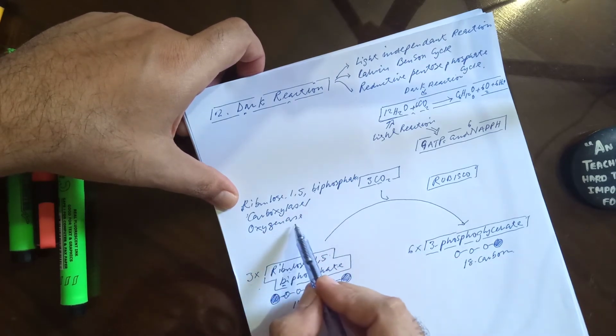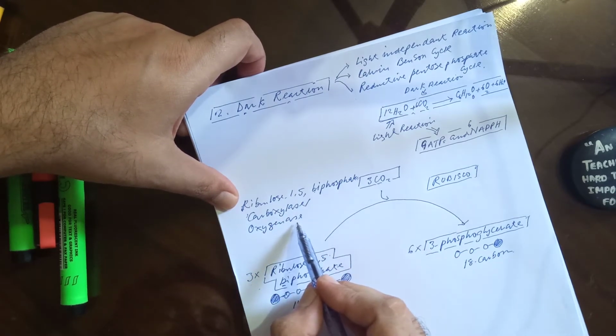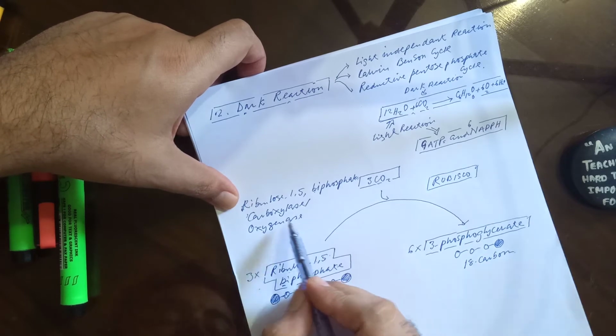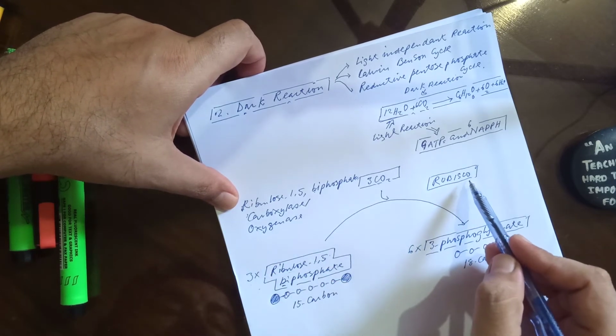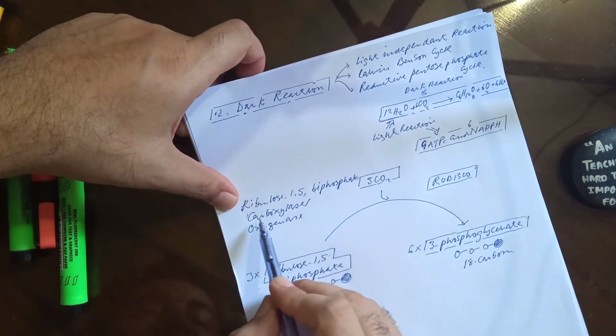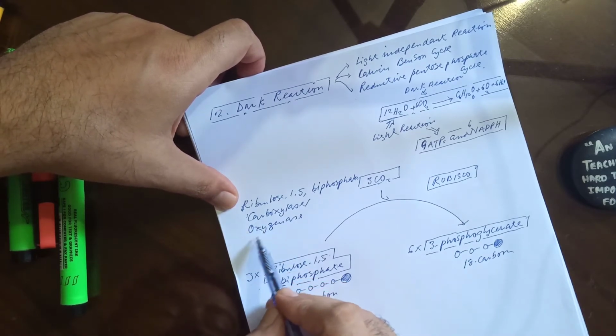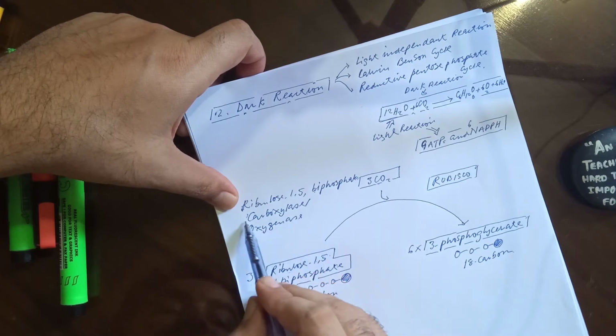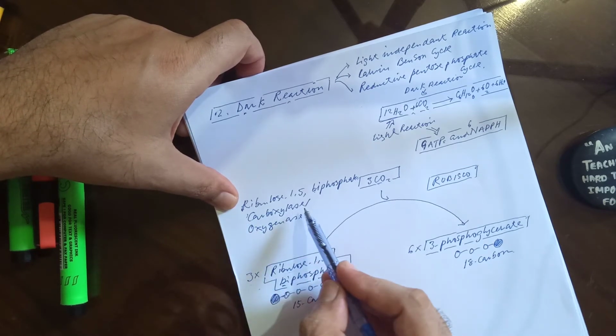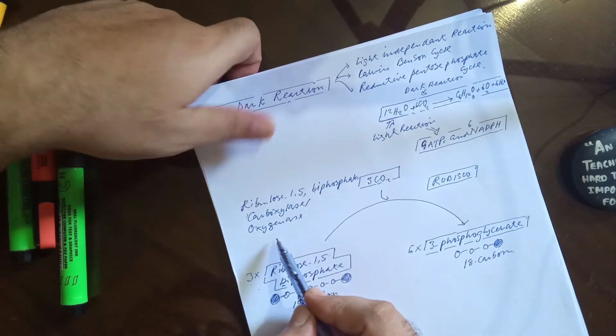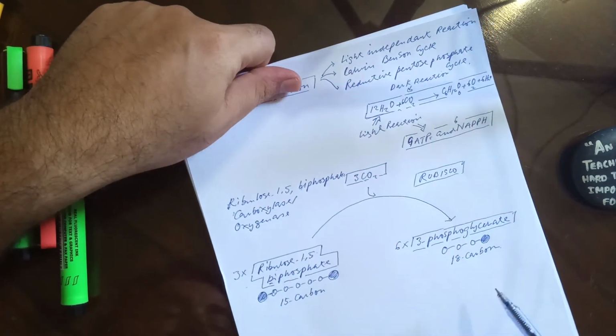Sometimes it behaves as picking up some oxygen, so we can call it oxygenase. So the name Rubisco is given to it because it can behave as a fixer of carbon dioxide, and at the same time a fixer of oxygen. So we call it the fixer of carbon dioxide, the carboxylase, and the fixer of oxygen, the oxygenase.